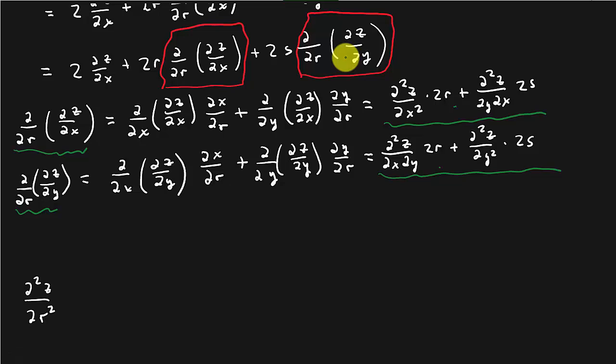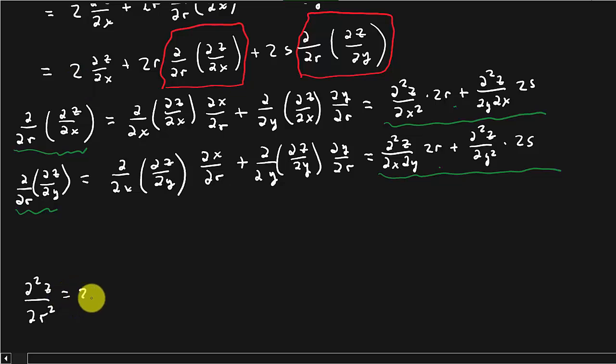So let's see what we have here. All right, so plugging that in, we've got, let's see, 2 times partial z with respect to x. Okay, I just wrote the first term down, plus 2r times this. Well, what do we get here? We get the second partial z with respect to x.